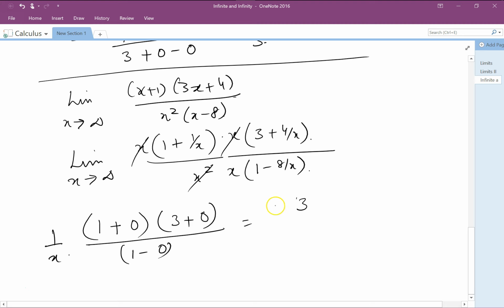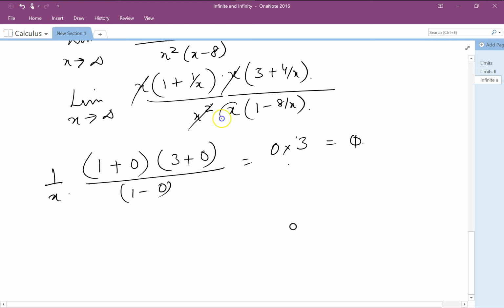But this 1 by x becomes 0 as x approaches infinity. So this becomes 0. 0 into 3 is 0. The moment you see x in the denominator, understand that the top portion, whatever it is, doesn't matter, it will become 0 after cancellations.